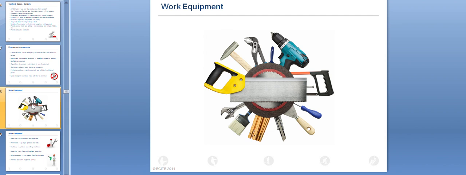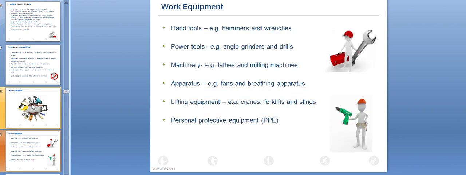Then work equipment, tools, hand tools and power tools. It is also mandatory that we maintain them, keep them safe, and use the proper tool for the proper work.